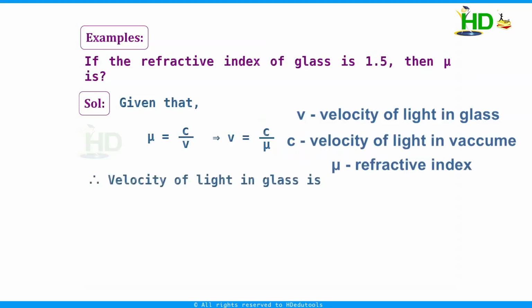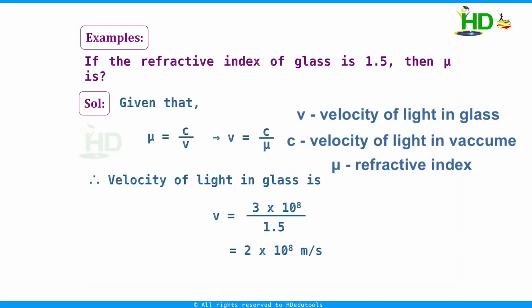Therefore, the velocity of light in glass is 1 by mu times the velocity of light in vacuum. This is equal to 3 into 10 power 8 meters per second divided by 1.5. Now this gives 2 into 10 power 8 meters per second. Therefore, the velocity of light in glass is 2 into 10 power 8 meters per second.